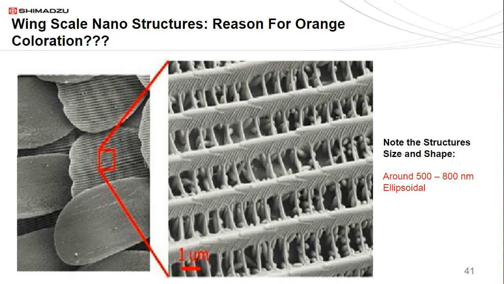If you note their structure and their size, they are ellipsoidal, not round, and they're around 500 to 800 nanometers in size. This is exactly where you'd expect the size and shape distribution to be if this orange coloration is caused by diffraction.